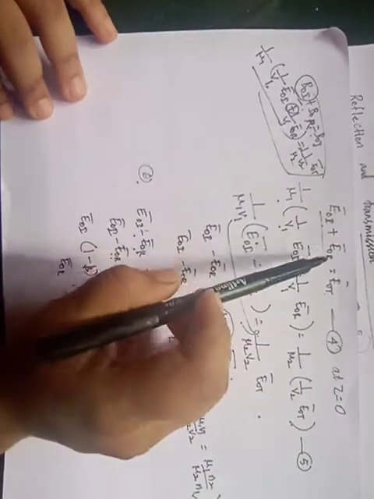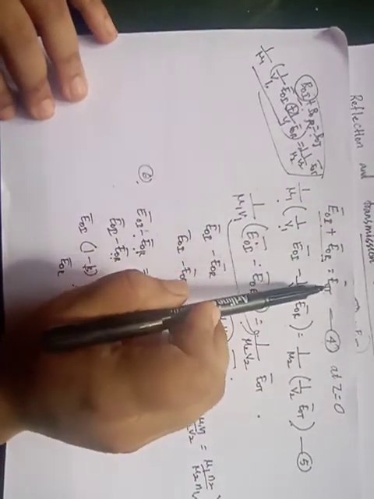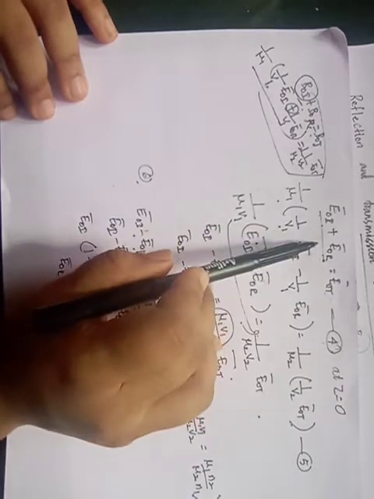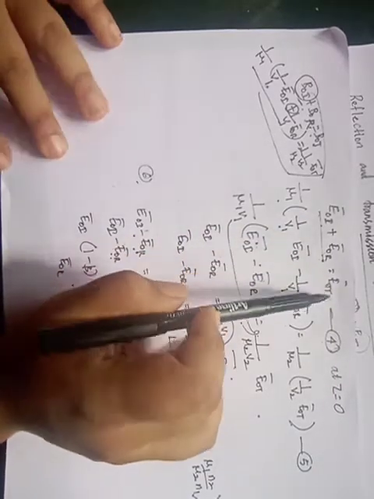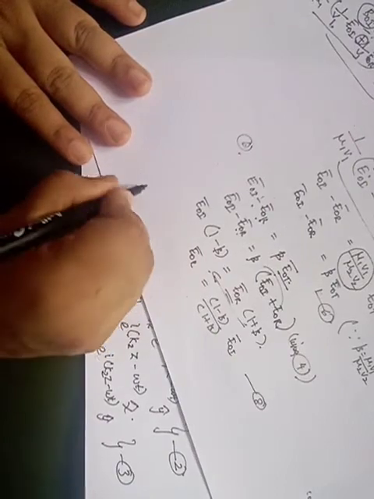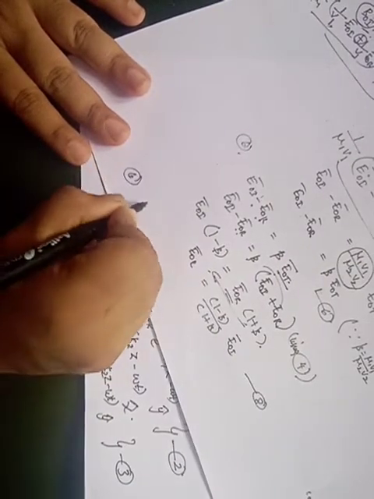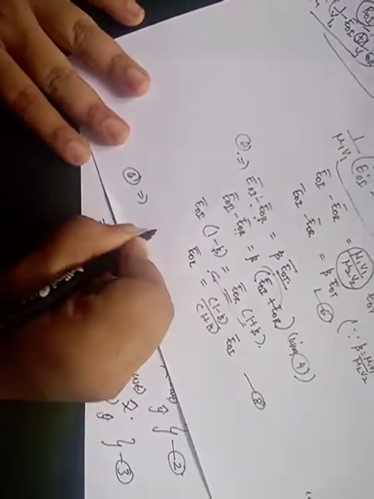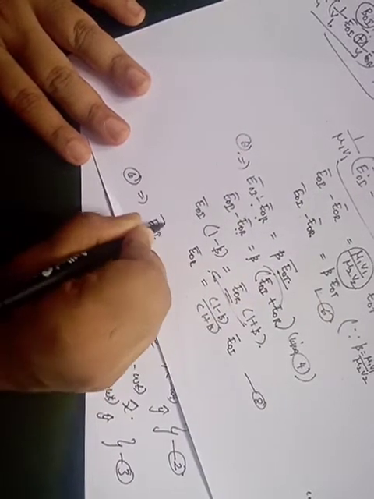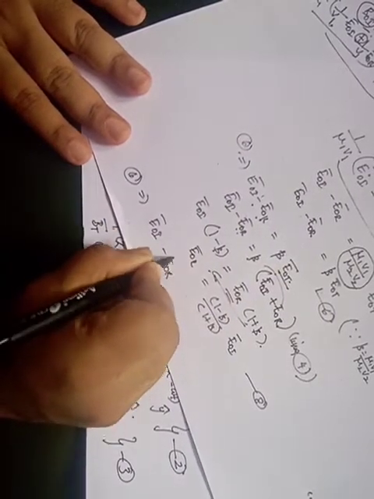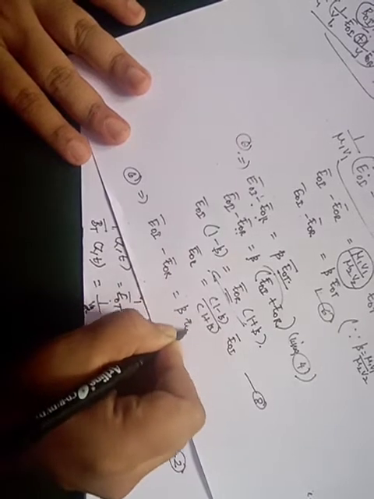From equation 4 we can write E naught r is equal to E naught t minus E naught I. Again we are taking equation 6, that is E naught I minus E naught r is equal to beta E naught t.